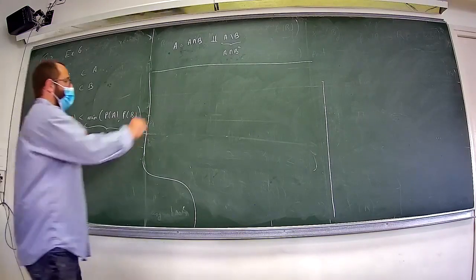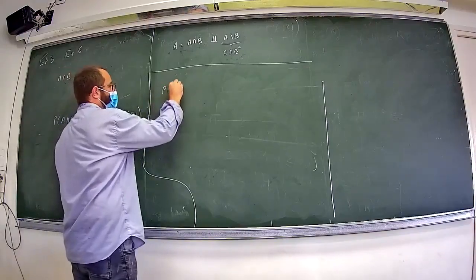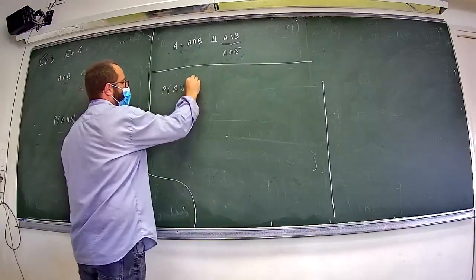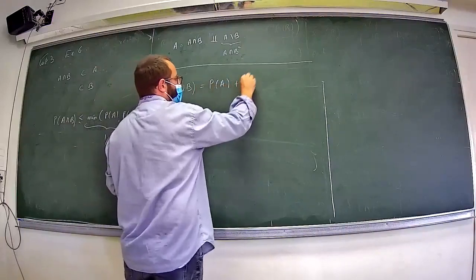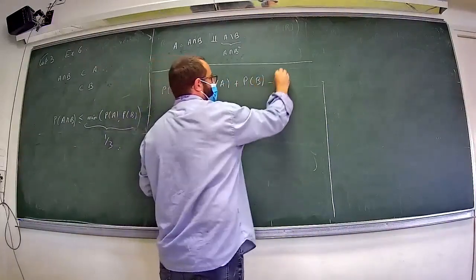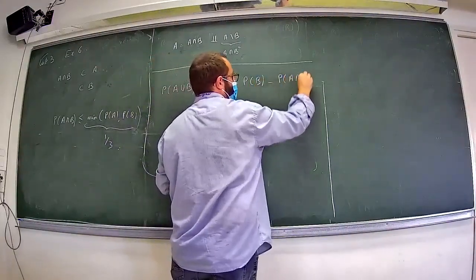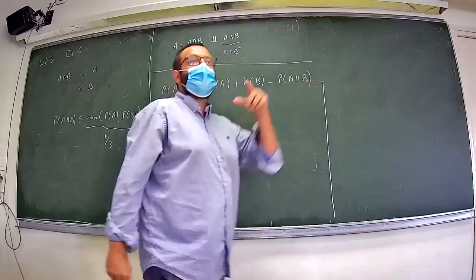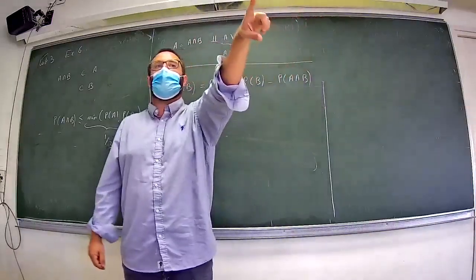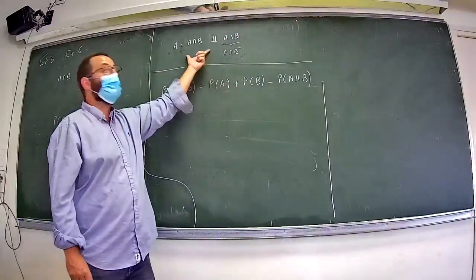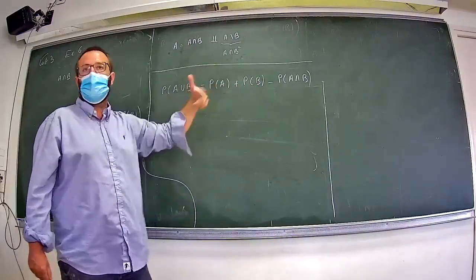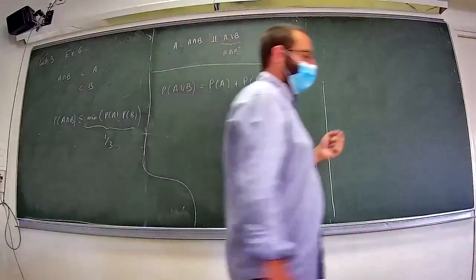It is this one: P of A union B is equal to P of A plus P of B minus P of the intersection. My idea is not that far away from yours, because if you remember, in order to prove this one, I use this. So it's just two equivalent ways to do the same thing.